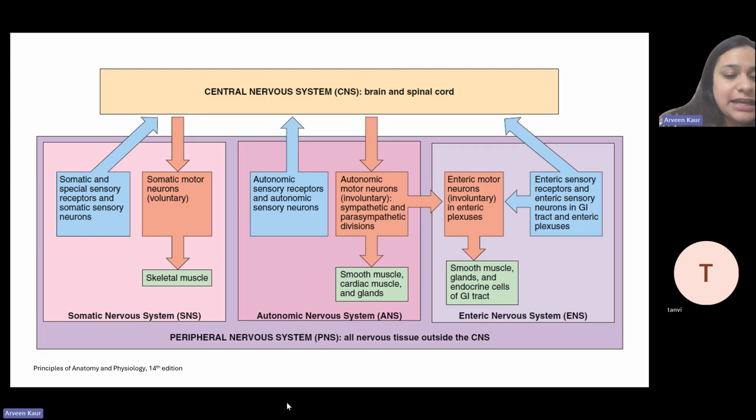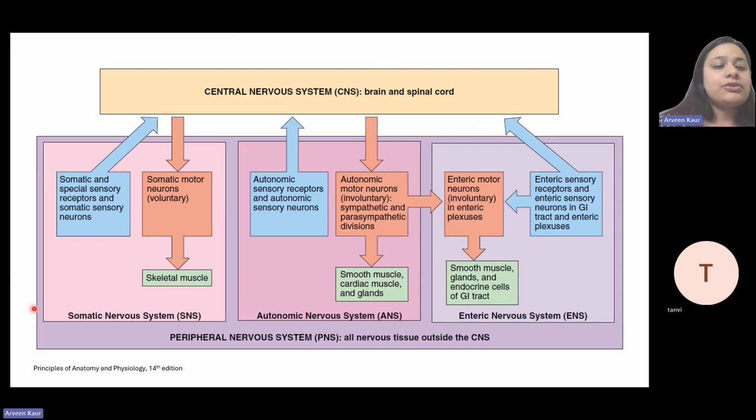Inside this PNS, it is further subdivided into three kinds: the somatic nervous system, the autonomic nervous system, and the enteric nervous system. Earlier, even the enteric nervous system was a part of the autonomic nervous system, and there were just two classifications, somatic and autonomic. But now we have three subclassifications, and the enteric nervous system is actually different.